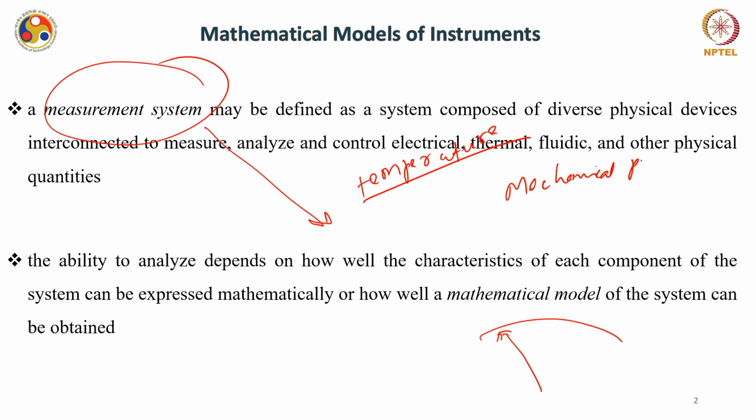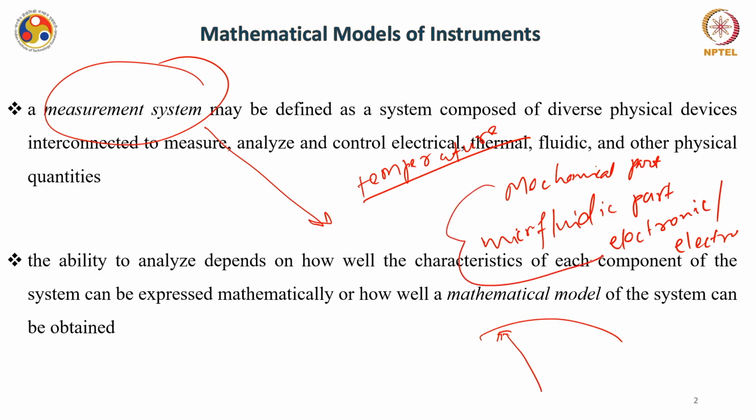If it is based on certain thermometers, it may have some fluidic or microfluidic part. It has electrical or electronic components. All these three should work independently as well as interact with each other. That is how a measurement system actually works.